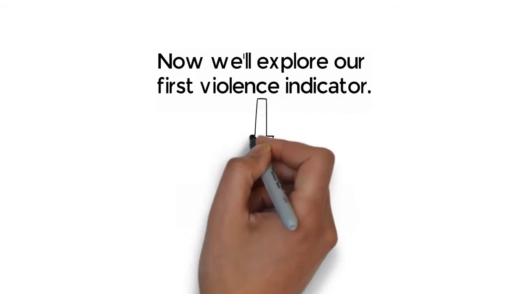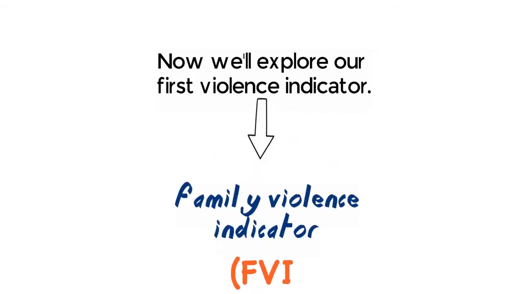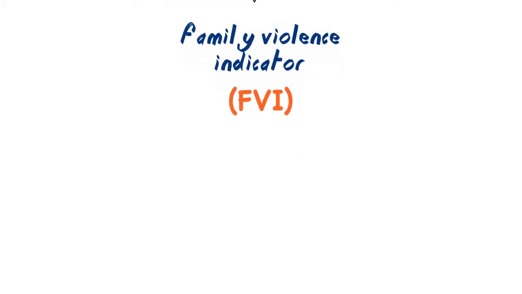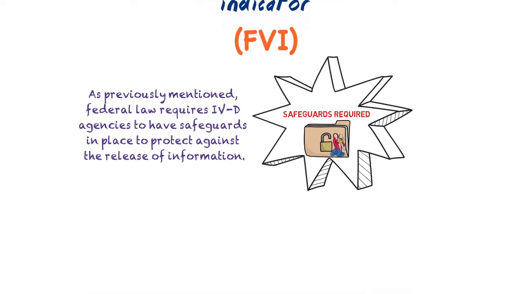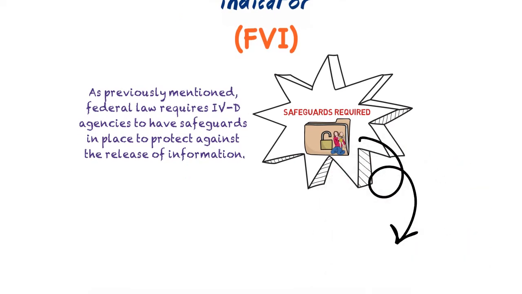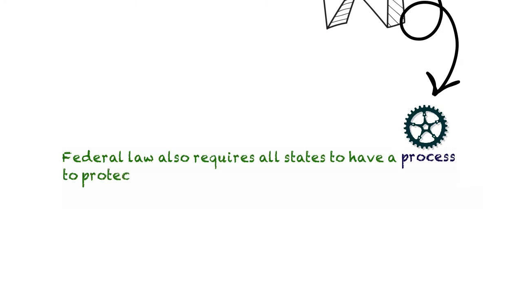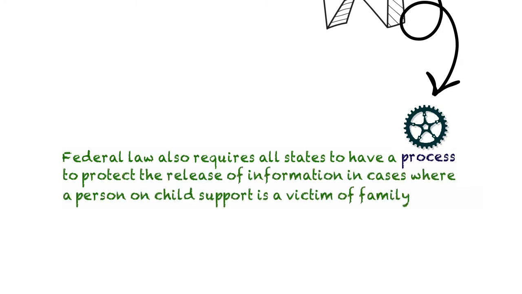Now we'll explore our first violence indicator a little bit further, the family violence indicator. As previously mentioned, federal law requires IV-D agencies to have safeguards in place to protect against the release of information. Additionally, federal law also requires all states to have a process to protect the release of information in cases where a person on a child support case is a victim of family violence.